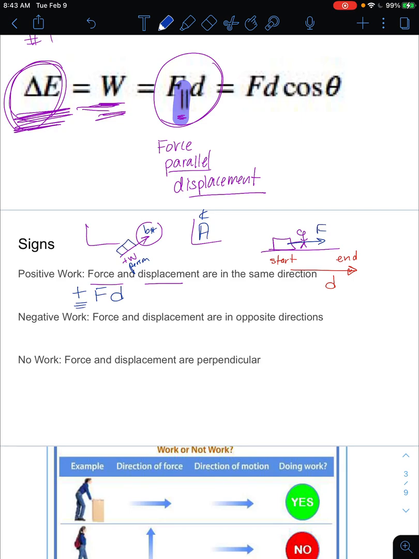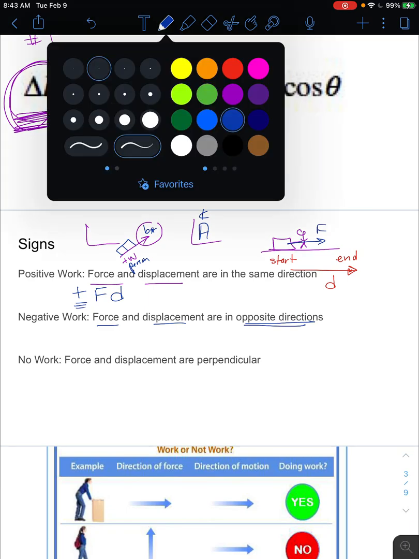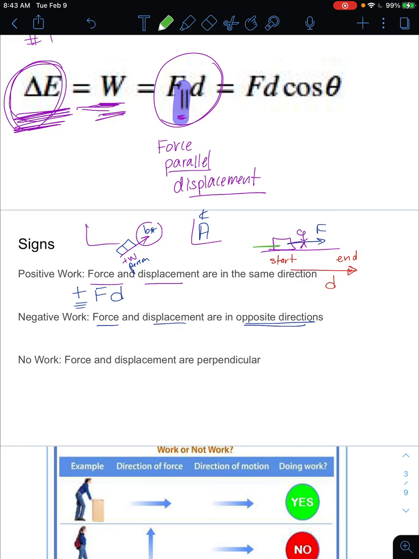Negative work happens when your force and your displacement are in opposite directions. You want to think of friction when you think of negative work. So again, you could be pulling this same block, but this time if we're talking about this green force of friction, your displacement is to the right, but your force is to the left.